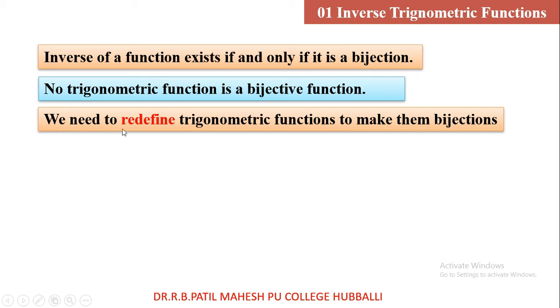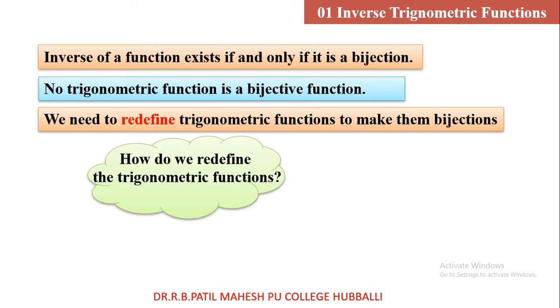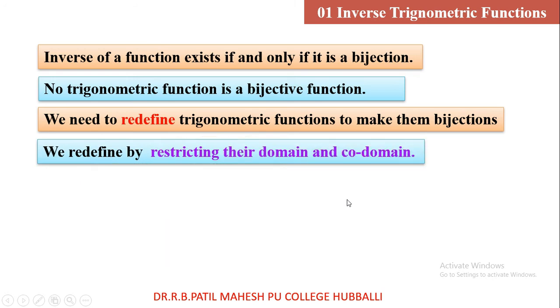We need to redefine trigonometric functions to make them bijections. Then how do we redefine the trigonometric functions is the question. We redefine the trigonometric functions by restricting their domain and codomain. We should restrict the domain and codomain of the trigonometric functions, then we can get the redefinitions.